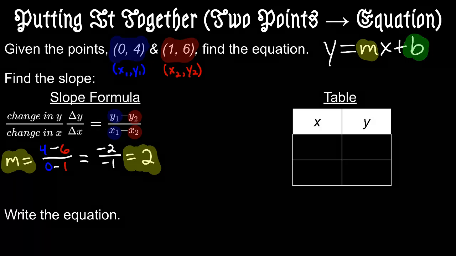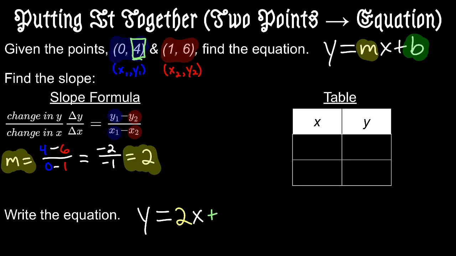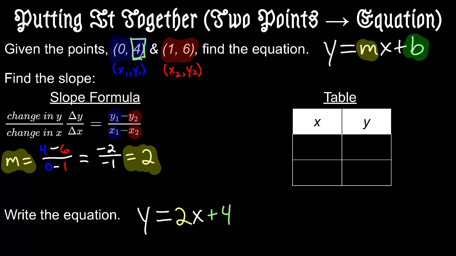So I'm going to take the green one here and say, hey, here is the y value of our y-intercept. Okay? So our equation then is going to be y is equal to m, well, m is 2, x, that's just our other variable, y and x, and then plus b. And since b is a positive 4, it will be plus 4. So there's the equation.